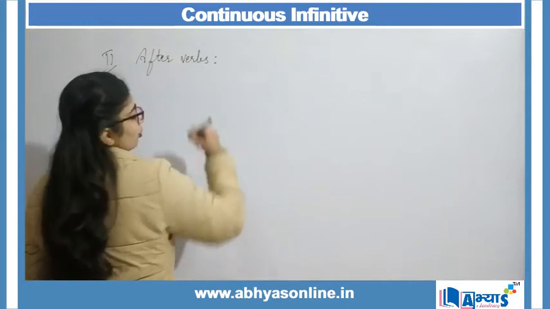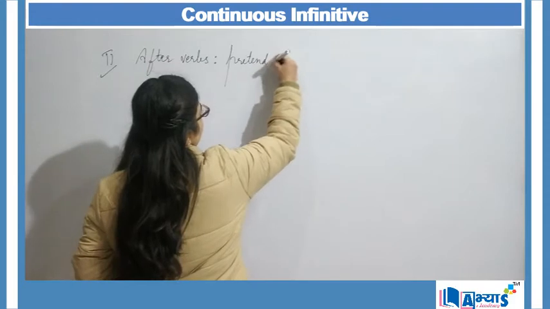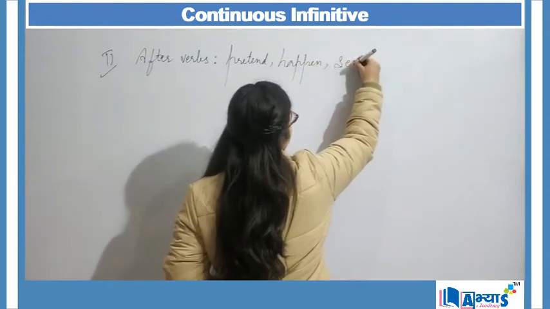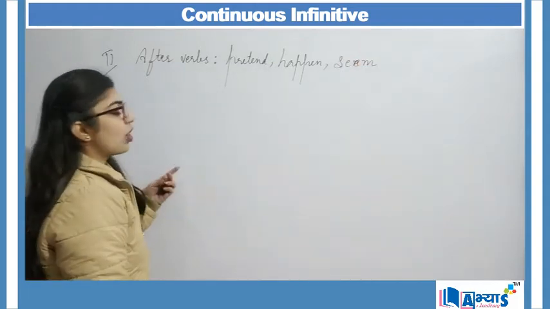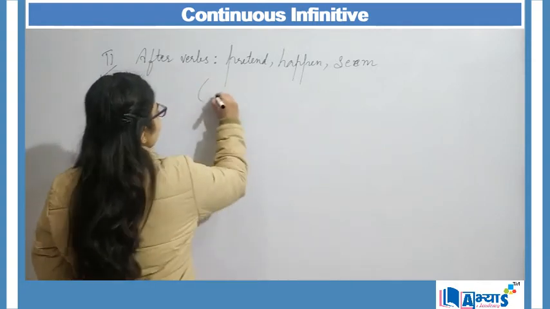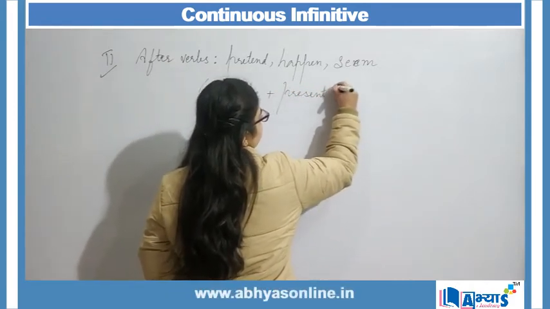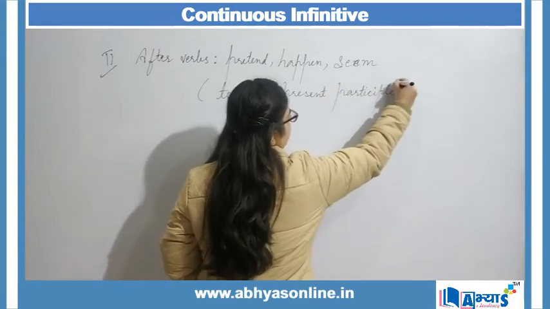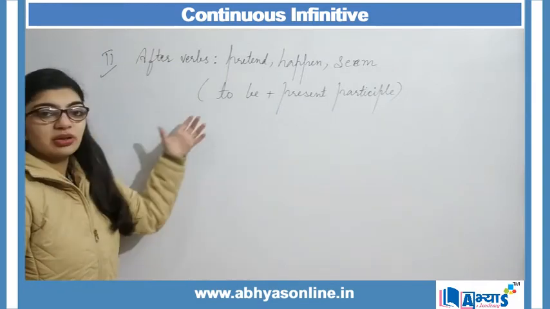Those verbs include pretend, happen, seem. These are some of the verbs after which we make use of continuous infinitive, and that is to be plus the present participle.